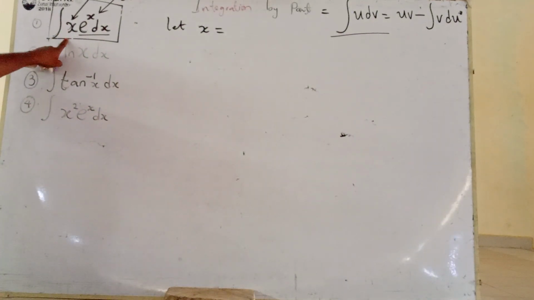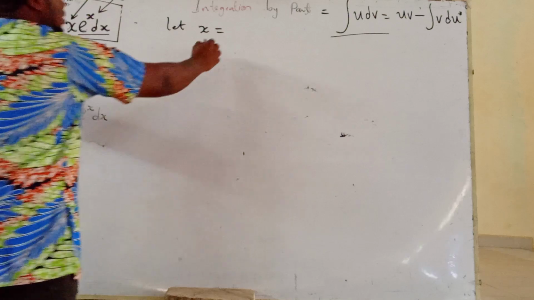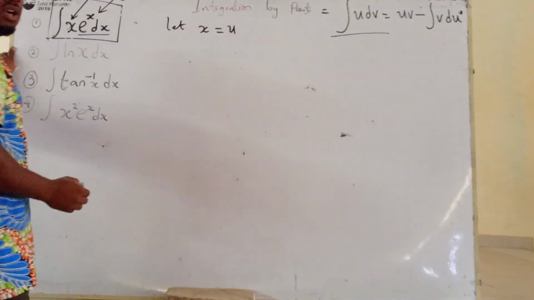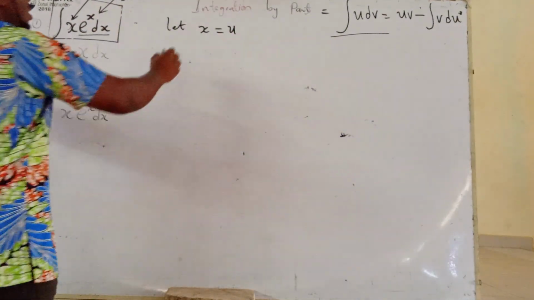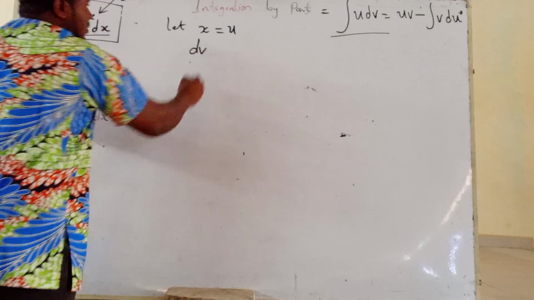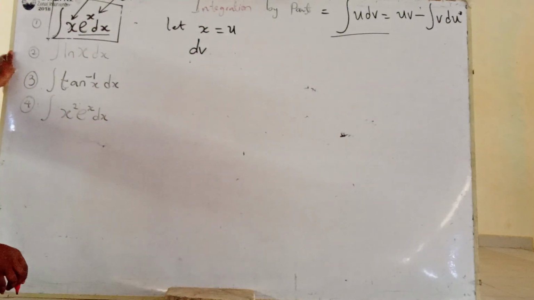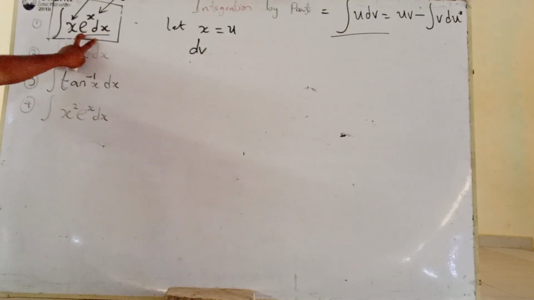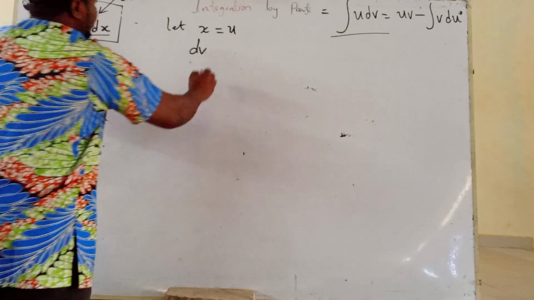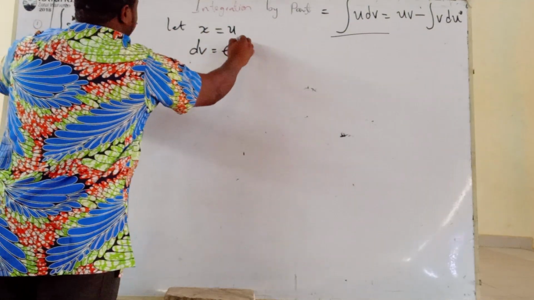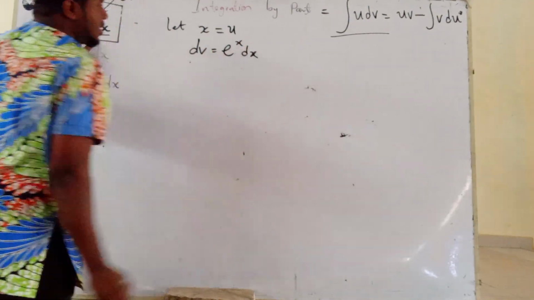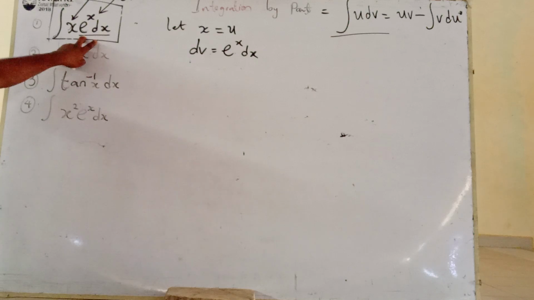What will x be? x will become our u. Fantastic. What is going to be the dv? Exponential x dx. Is that not so?